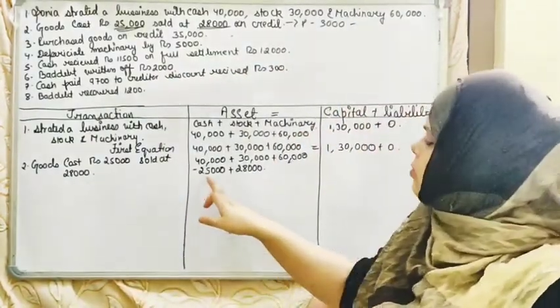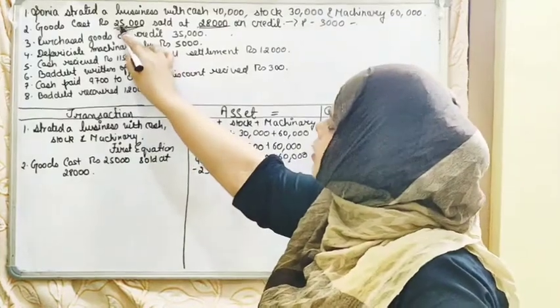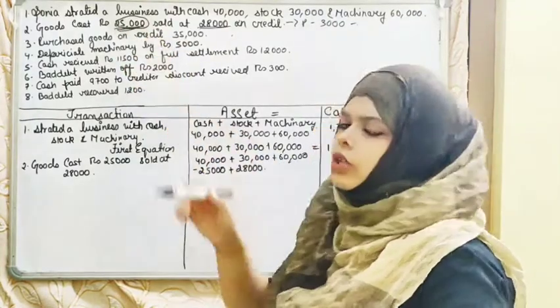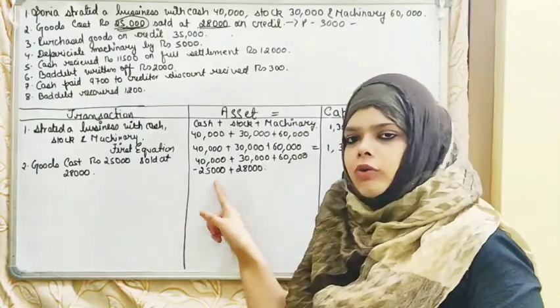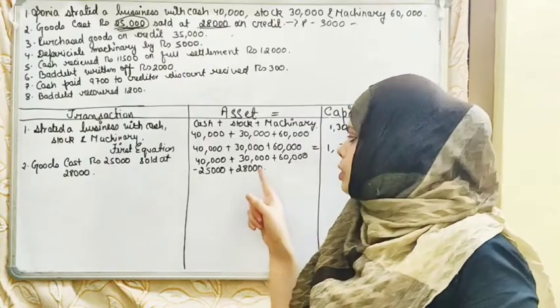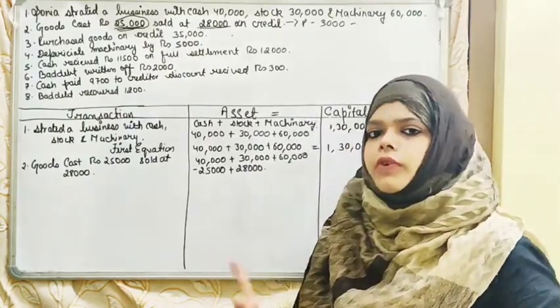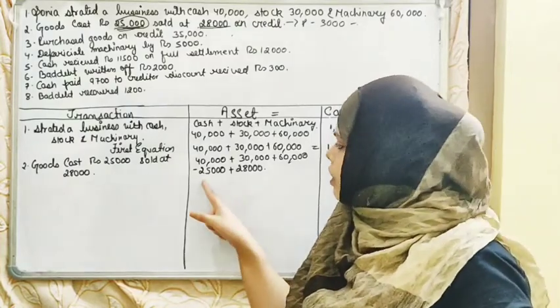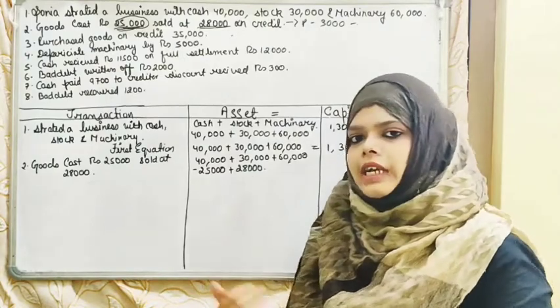Why have I written minus 25,000? Because the goods worth rupees 25,000 are going out of the business, so we subtract that amount, and we sold them at rupees 28,000, so cash is coming inside the business. So there is a twofold effect in this transaction: 25,000 of stock is going out, and 28,000 of cash is coming in.